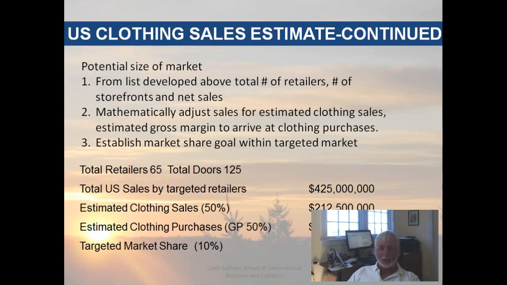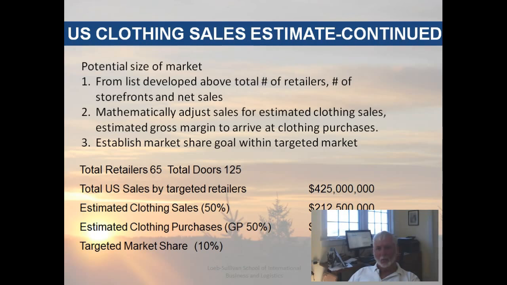In reality, in doing this, when I sold the distribution back to the manufacturer, the French manufacturer, I had 42 stores, and we were approaching 10 million in sales. We had 42 retailers and about 110, 112 doors.